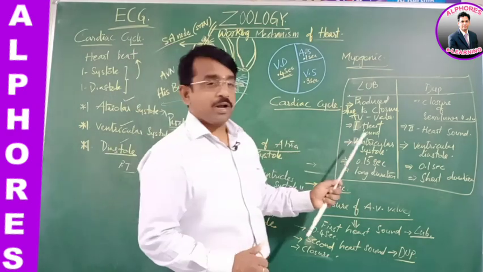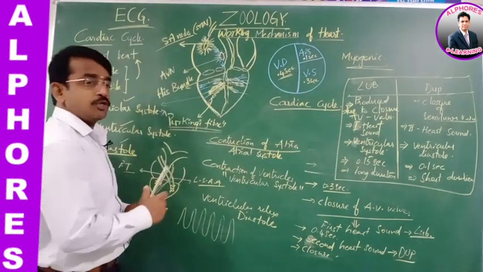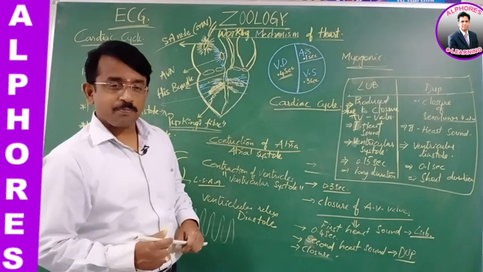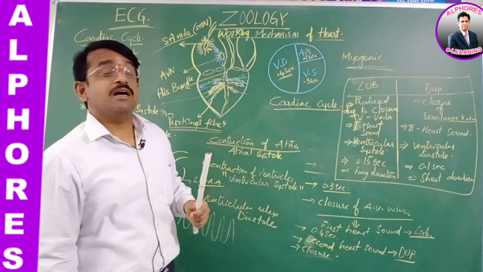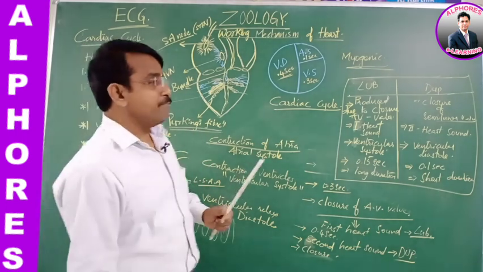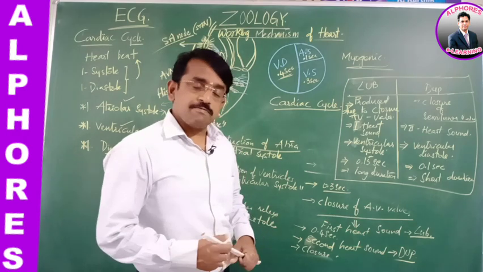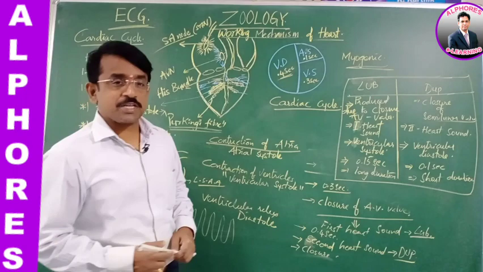So if they are normal, that is 72 beats per minute; per a minute, the number of beats should be 72. So that is a normal status.